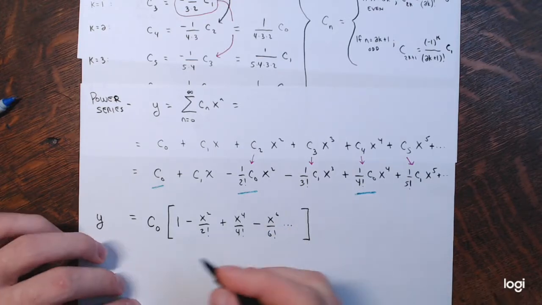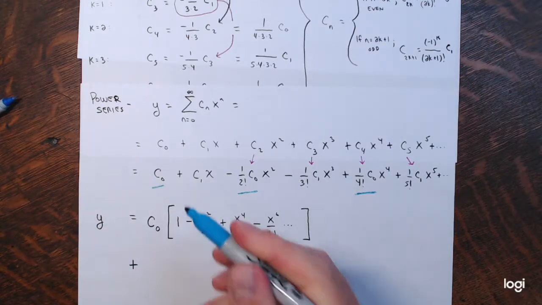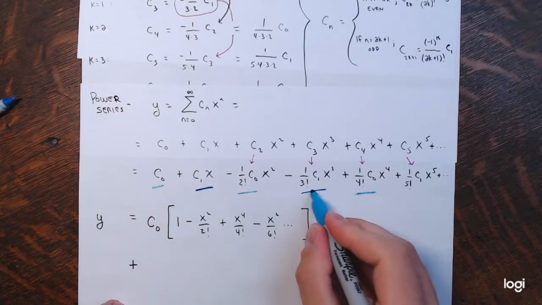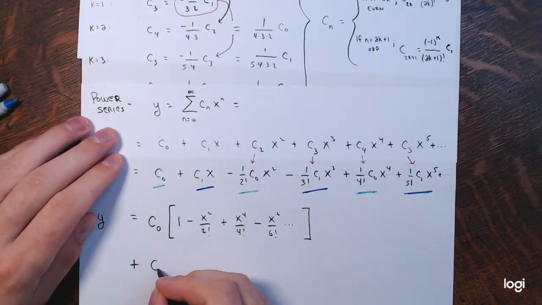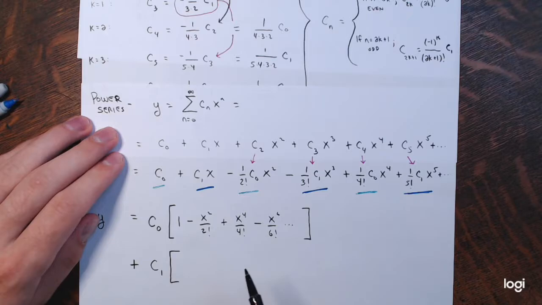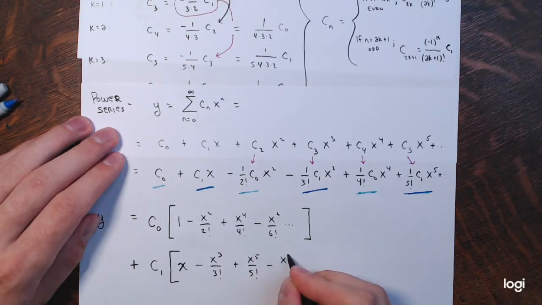Plus, and then I look at all the terms with c1 attached, all these odd-powered terms, and pull the c1 out: plus c1 times x minus x cubed over 3 factorial plus x to the fifth over 5 factorial minus x to the seventh over 7 factorial, and so on.